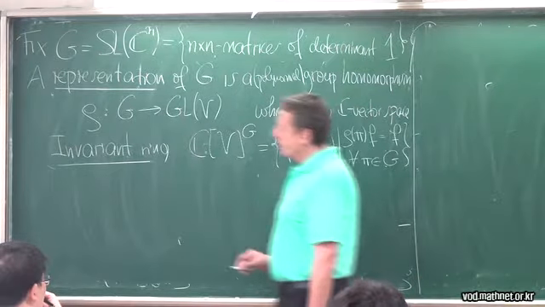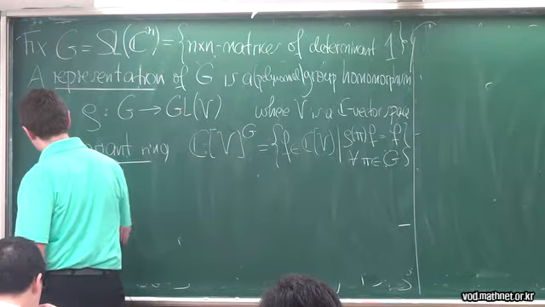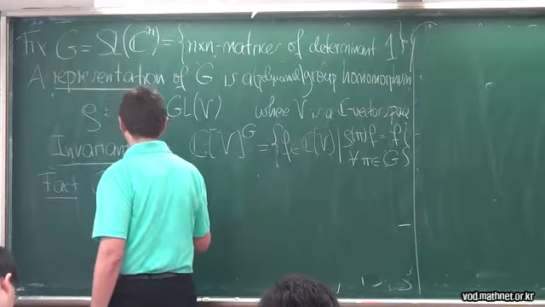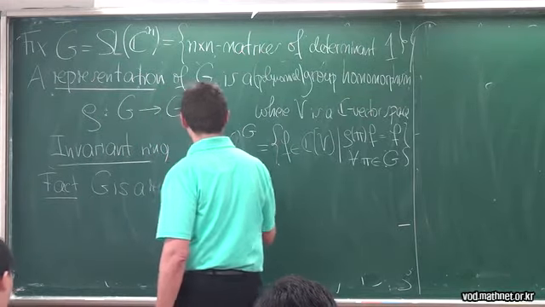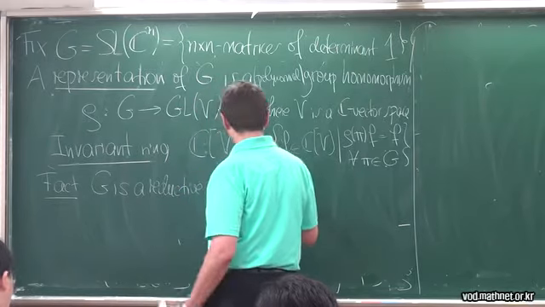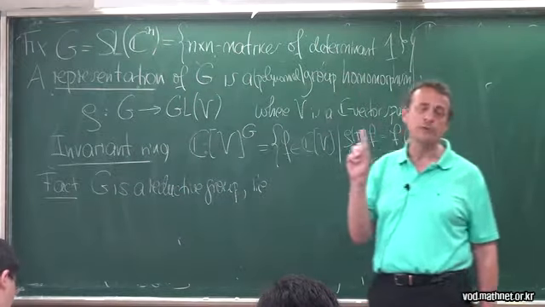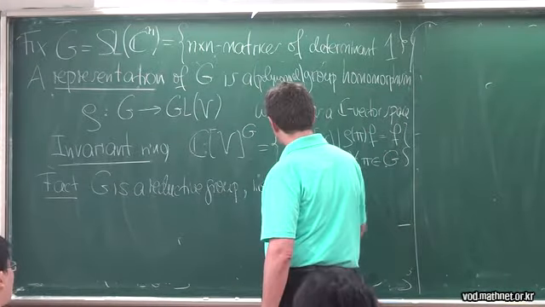Now here's a very important fact. G is a reductive group, i.e., for this group and any polynomial representation of that group, a Reynolds operator exists.